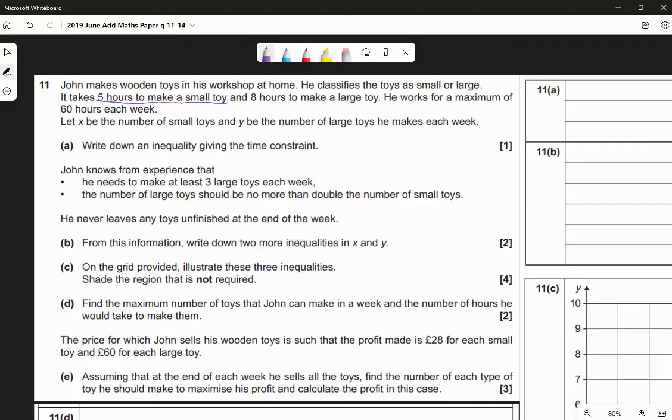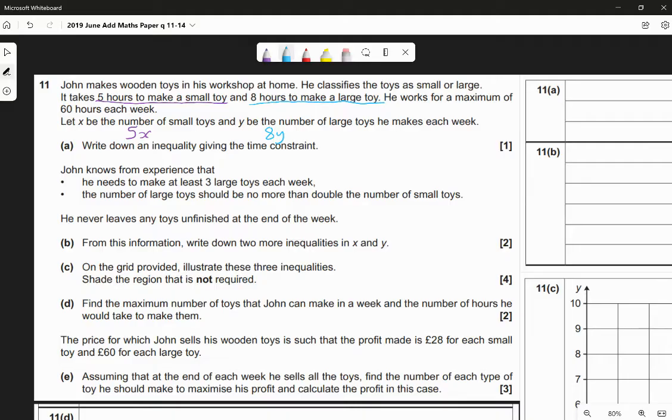So if I make x small toys, then that will take 5x hours: 5 times the number of small toys, and x is the number of small toys. So 5x is the time for the number of small toys to be made. Accordingly, if 8 hours is the time to make one large toy, and you make y large toys, 8y will be the time taken to create y large toys, because it's 8 hours for each one.